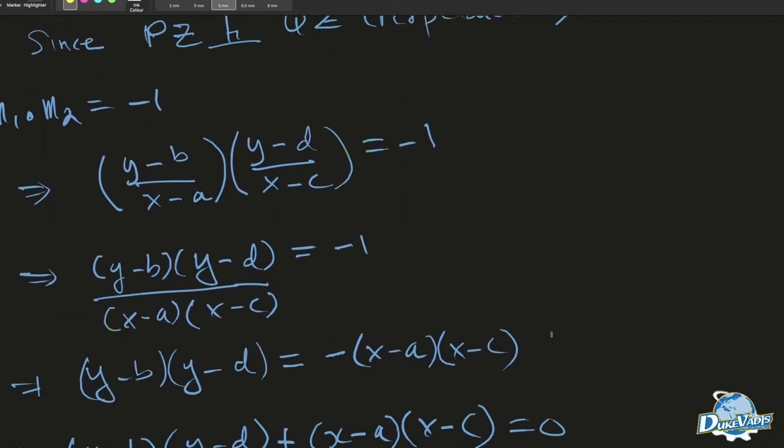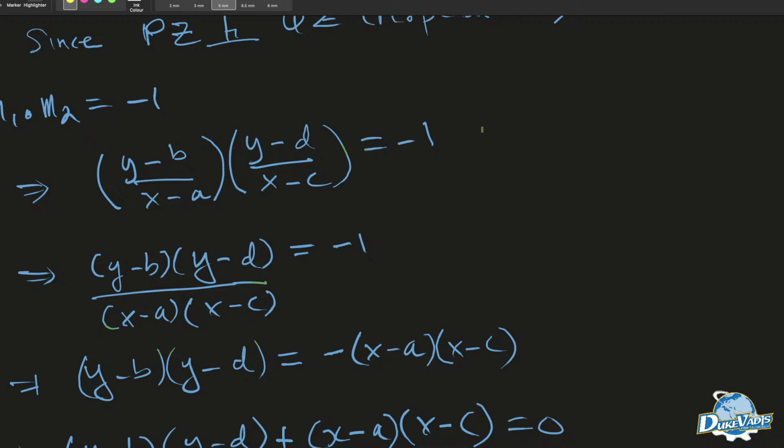Then we do simplification. All this expression here, we multiply by this -1, then we have this expression. So we shift this one to the left and get (x minus a)(x minus c) plus (y minus b)(y minus d) equals 0. Hence the proof. That's where we come to an end. Now, see you guys again.